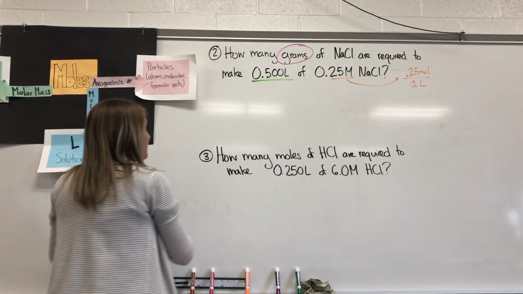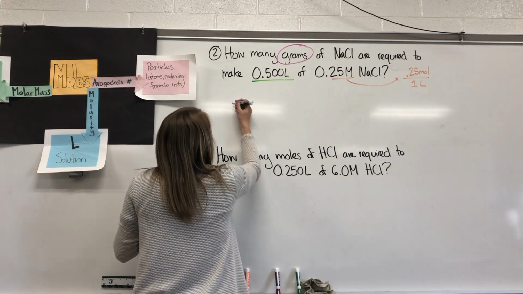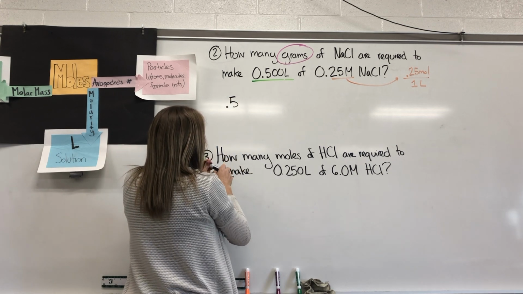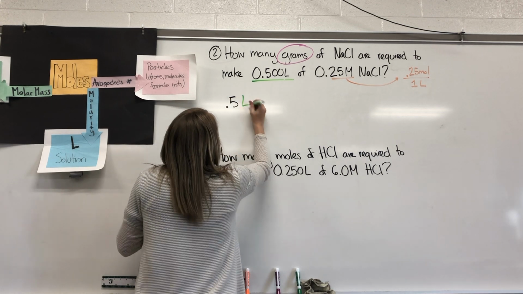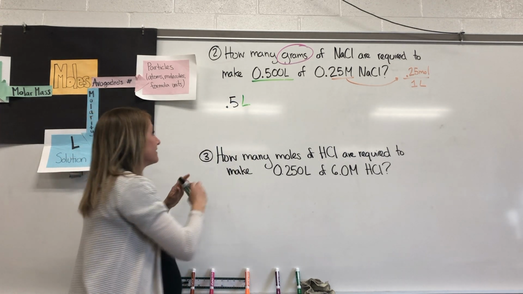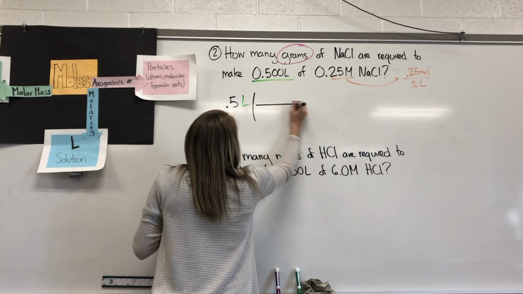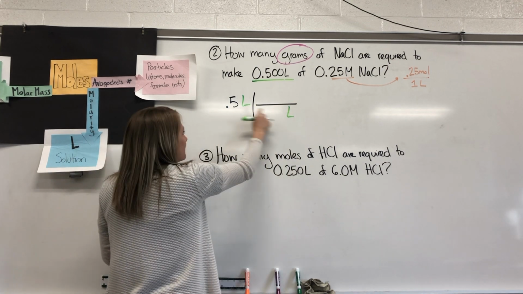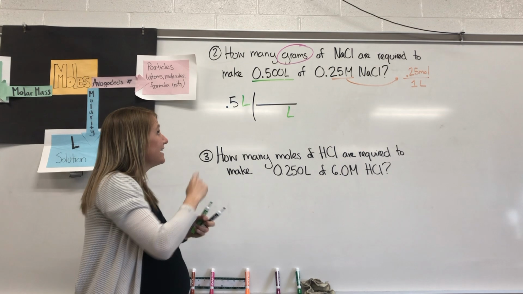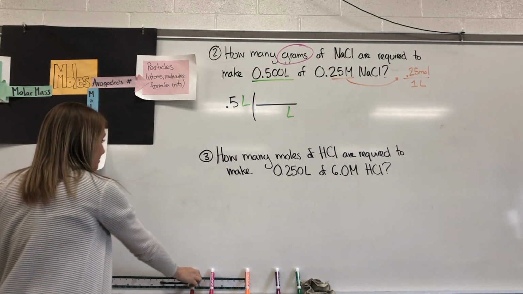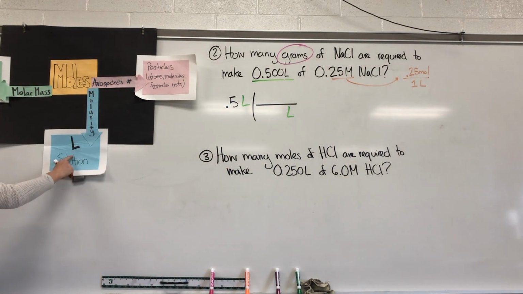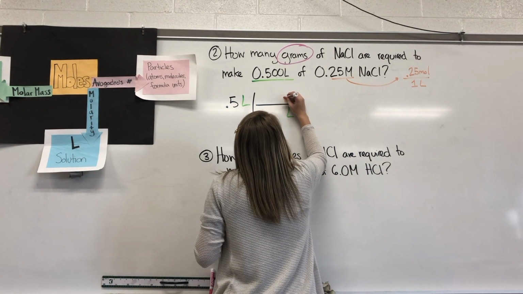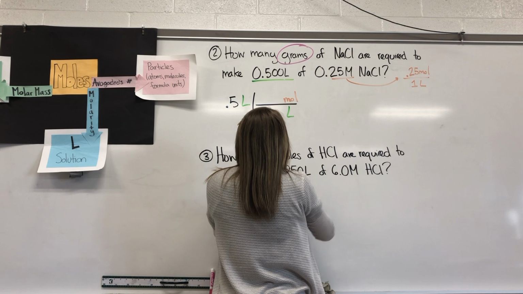So let's take the thing that we underlined, and once again, notice my colors, to follow the pattern, so we have 0.5 of a liter is where we're starting. Okay, just like all conversions, liter is going to go on the bottom because we want it to cancel. And then the unit we're trying to get to is going on the top. So I'm going from liters to moles, so mole will go on the top.